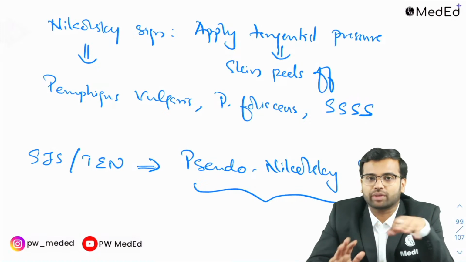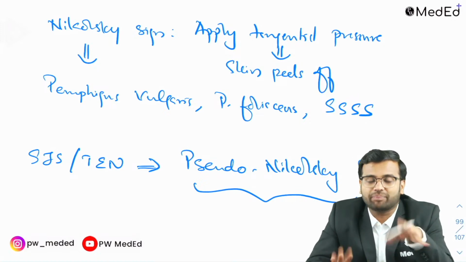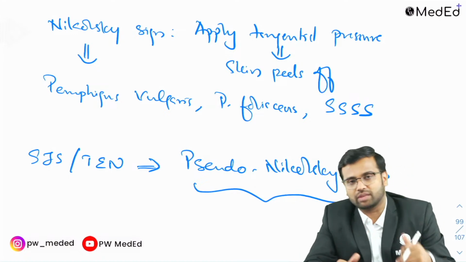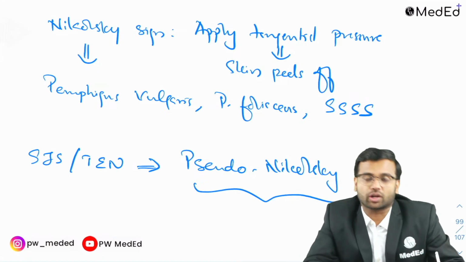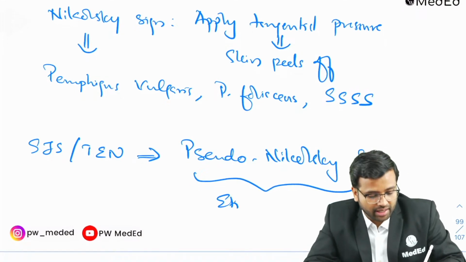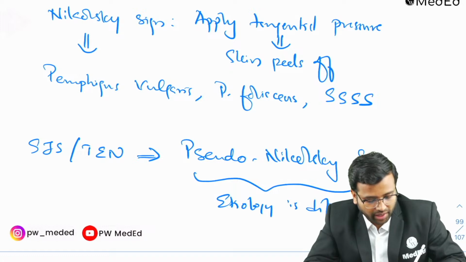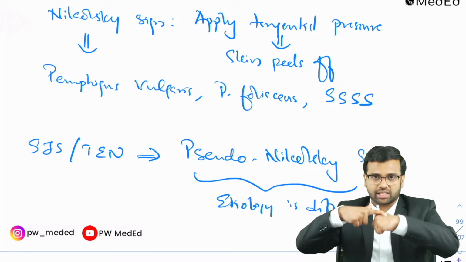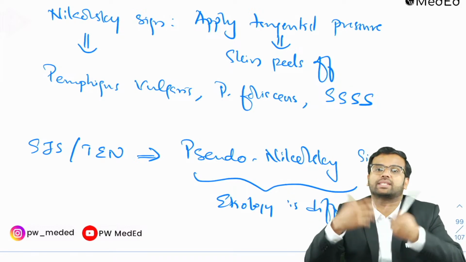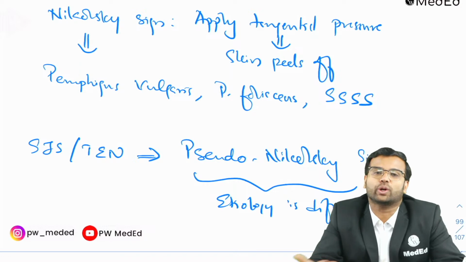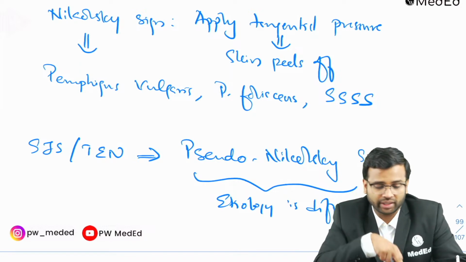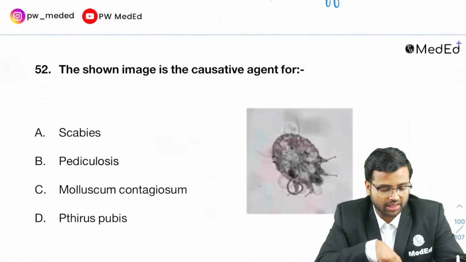Earlier in all the pemphigus group of diseases, what was the etiology? There was a defect of the desmogleins, isn't it? Whereas in Stevens-Johnson syndrome and toxic epidermal necrolysis, the etiology is a drug reaction. Hence the same clinical test, that is apply a tangential pressure and the skin peels off, is called a pseudo-Nikolsky sign because of the difference in etiology. Fine, that is about Nikolsky sign.